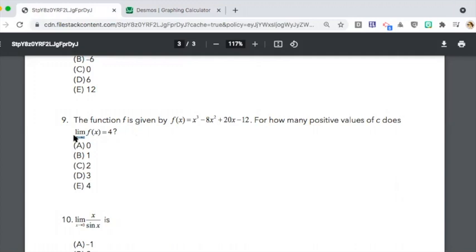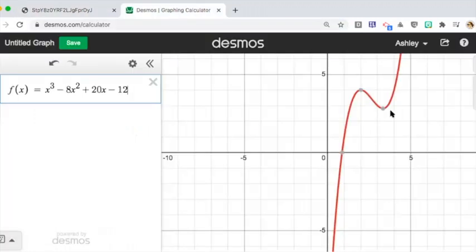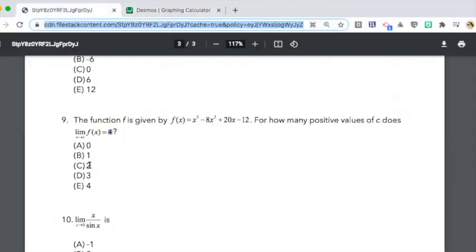So they have to be positive x values where the limit is going to be 4. So you actually have it twice. You have it right here. So from the left side and from the right side, it's going to be 4, and it's a positive 2. So at x equals 2. And then you also see it again right here at 4. So that is going to be 2 times. Boom. That should have been your answer.